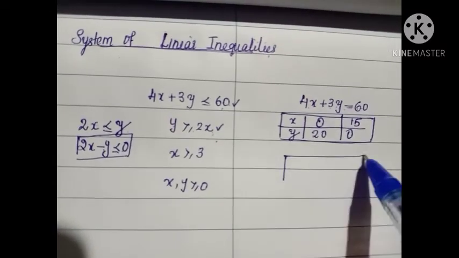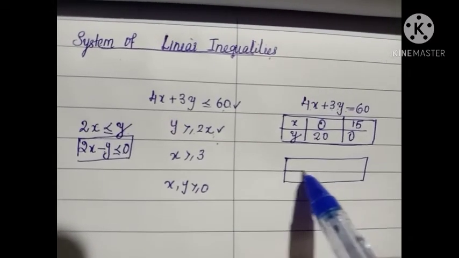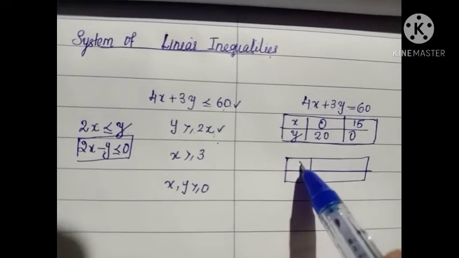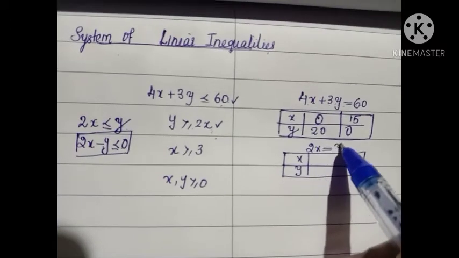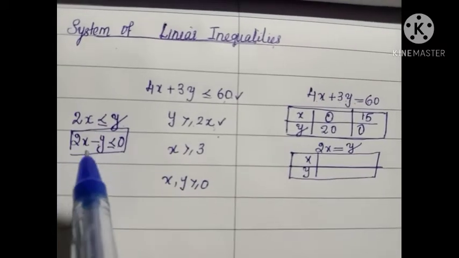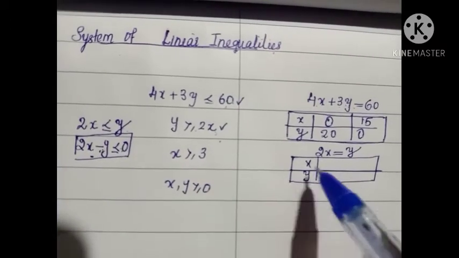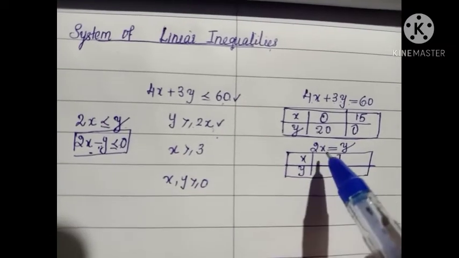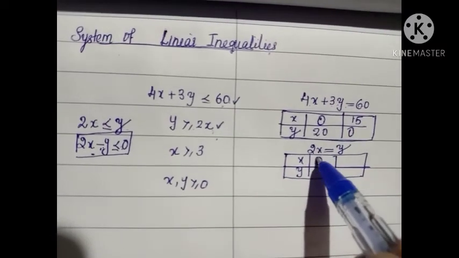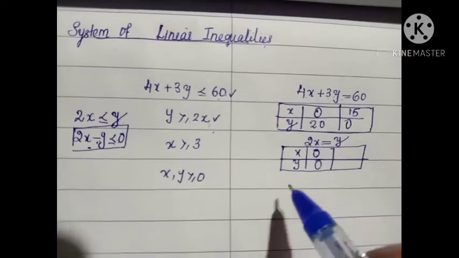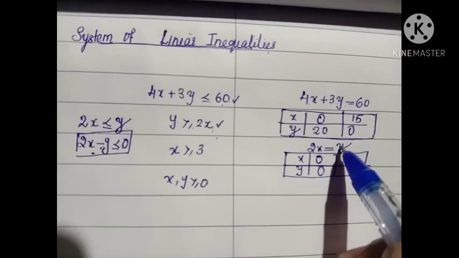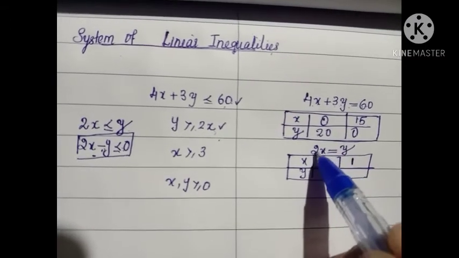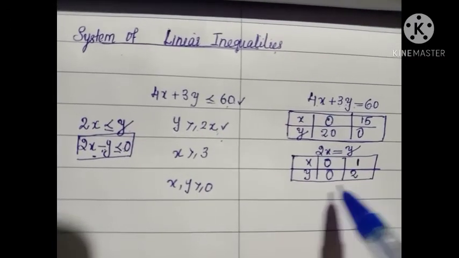Anyway, we need to find the x coordinates as well as y coordinates for the equation 2x equal to y, or 2x minus y equal to 0. Listen, if we put x equal to 0, y becomes 0. If we put x equal to 1, y becomes 2 into 1, that is 2.